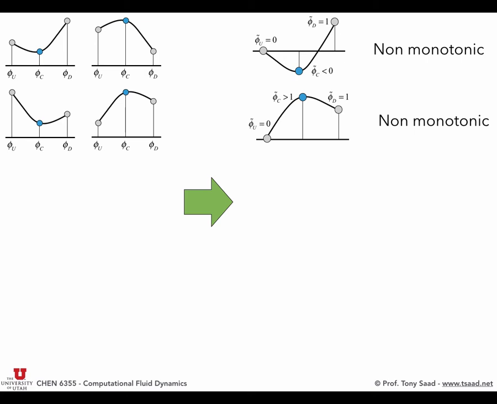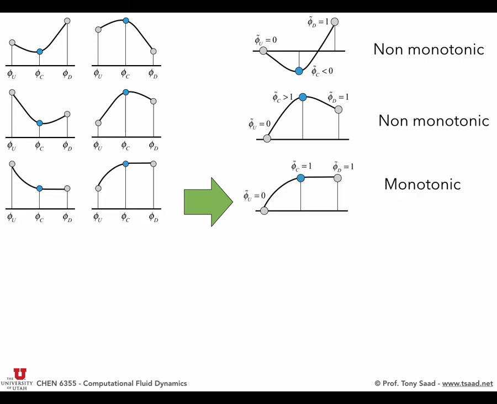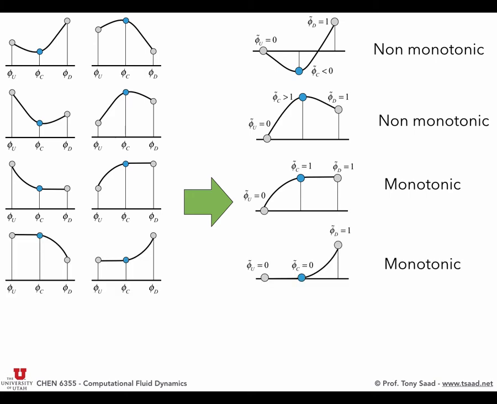Now let's look at two border cases where we are monotonic. In this case, phi d and phi c are equal. This is the edge of monotonicity for phi tilde. Phi upwind is always 0, phi downwind is 1, and in this case, phi tilde is 1. So phi tilde is monotonic, but just at the boundary. This is the other case, where phi u and phi c are equal.